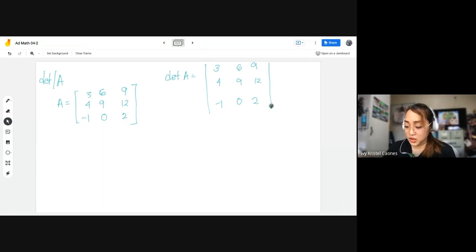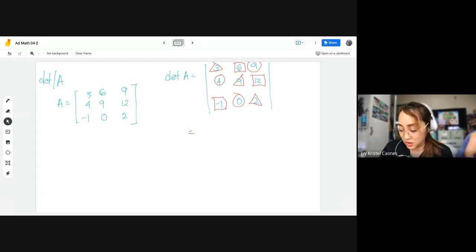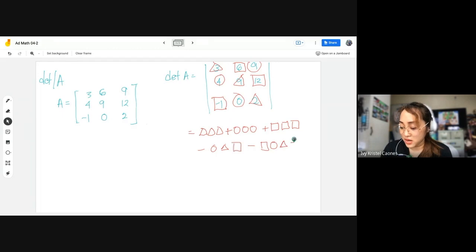Another way is triangle, triangle, triangle, square, square, square, circle, circle, circle. To find the determinant, it will be the three triangles plus the circles plus the squares, minus circle, triangle, square, minus square, circle, triangle, minus triangle, square, circle.